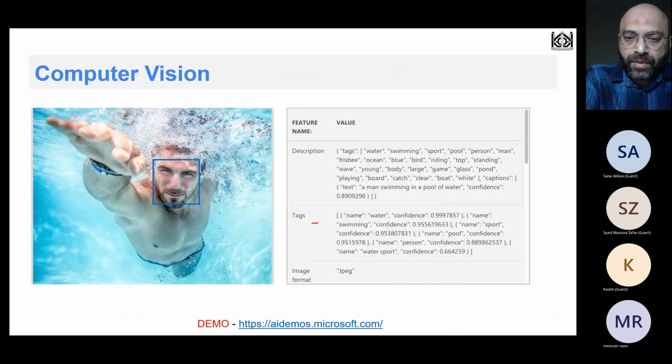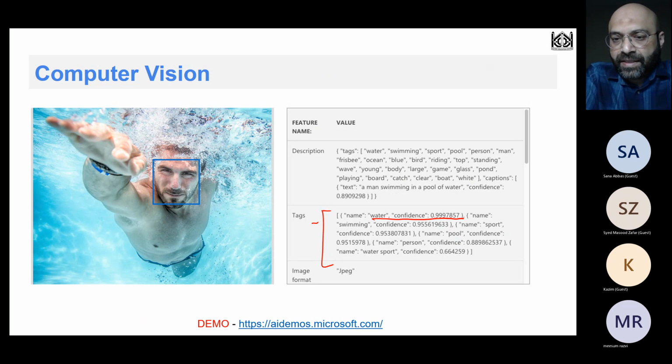All right, so you see that it actually has split that. Water confidence level is 99%, swimming confidence level is 95%, then sport, then the pool, and then the person. So there are different confidence levels it has come up with.